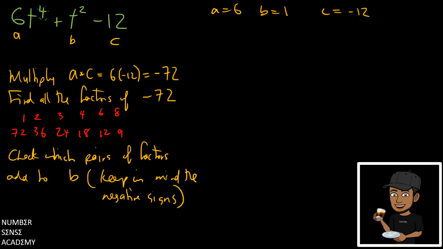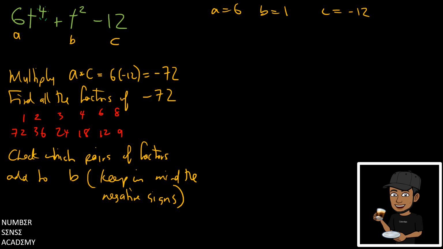Okay, so this just means that you might have to sum a bunch of numbers alternating the negative sign. And what I mean by that, and I did this in the previous example, is that because 72 is negative, when you multiply the two numbers, one has to be negative to get you negative 72.